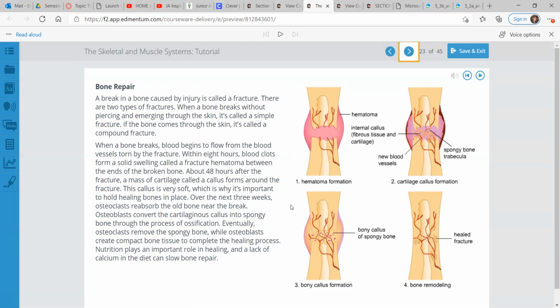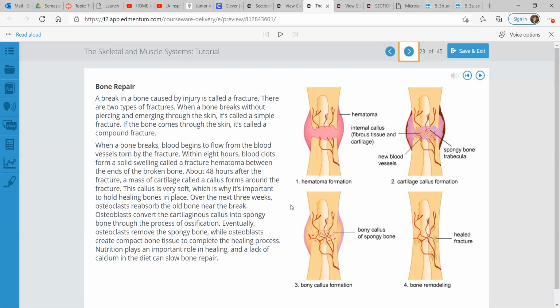About 48 hours, so 2 days after the fracture, a mass of cartilage called a callus forms around the fracture. This callus is very soft, which is why it's important to hold healing bones in place. Over the next 3 weeks, osteoclasts reabsorb the old bone near the break.